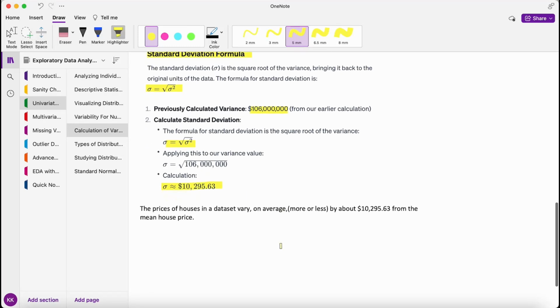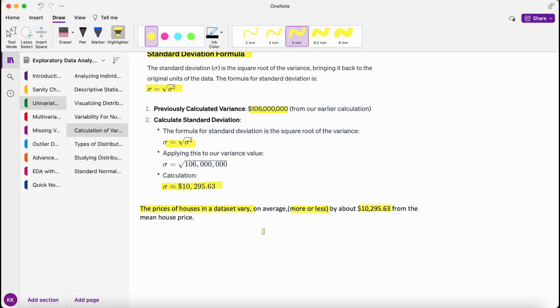This means that, on average, the house prices deviate from the mean by this amount, either above or below. Understanding these two metrics helps us grasp the diversity of house prices within this market, indicating whether they're closely packed around the mean or spread out over a wider range.